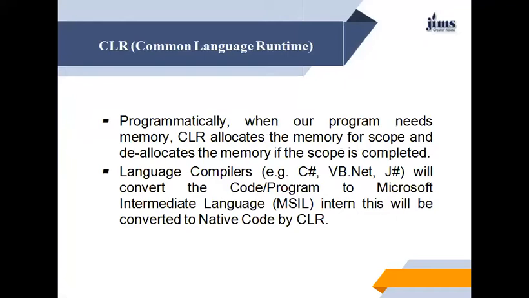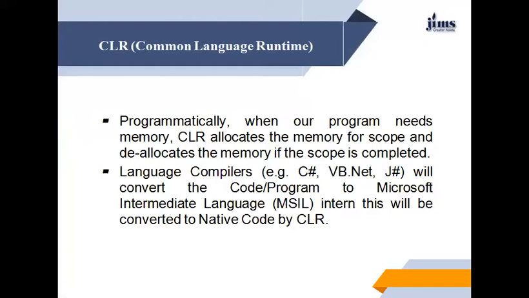Language compilers, for example C Sharp, VB.NET, J+, or C++, and many more. So the language compiler will convert the code or program to Microsoft Intermediate Language. Actually, we have seen in the architecture that in the first layer all the programs are there, and we can write programs in many languages like C++, C Sharp, VB.NET, J+.